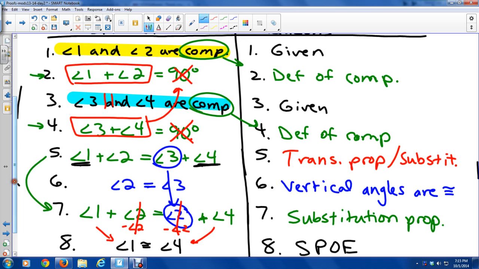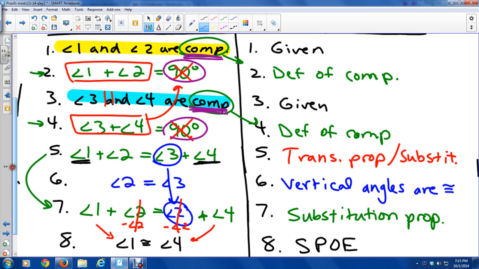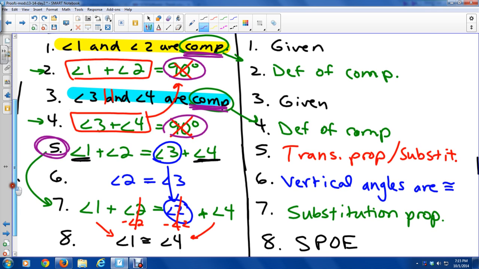I hope you can see that we could do a very similar proof if we were given the information that two angles were supplementary instead of complementary. You would have been dealing with 180 degrees, and otherwise this would have been a very similar proof as far as making equations, setting them equal to each other. Okay, step 5 was different here, and if you got stuck, I'm guessing that might have been where you got stuck.